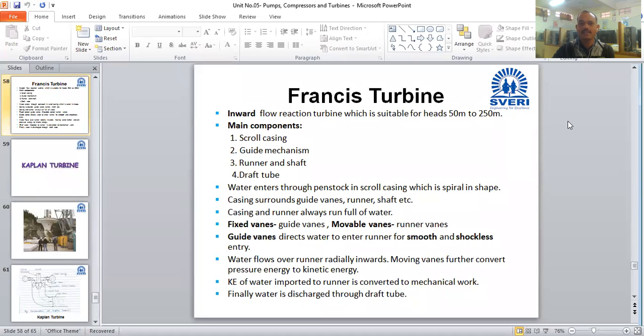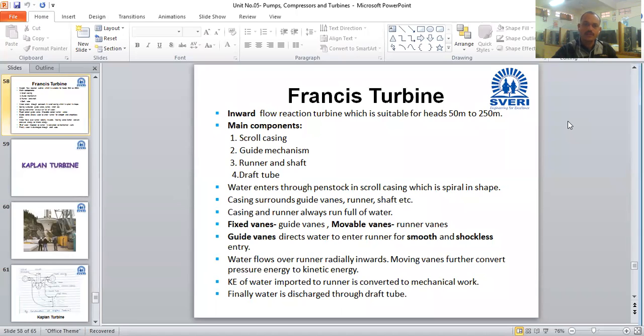Now, second one is the Francis turbine. In front of you, you have a slide of the Francis turbine. The Francis turbine is the most efficient turbine compared to other turbines. It is used for medium head and medium water quantity.